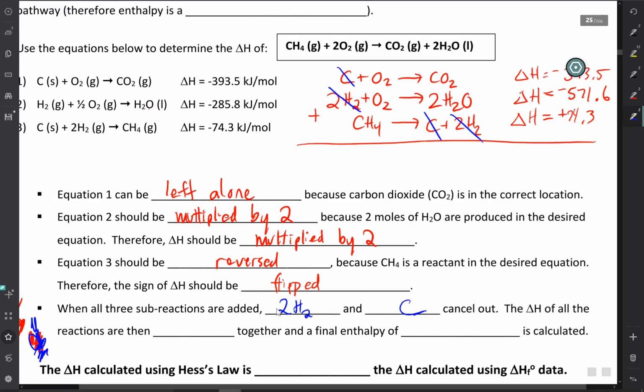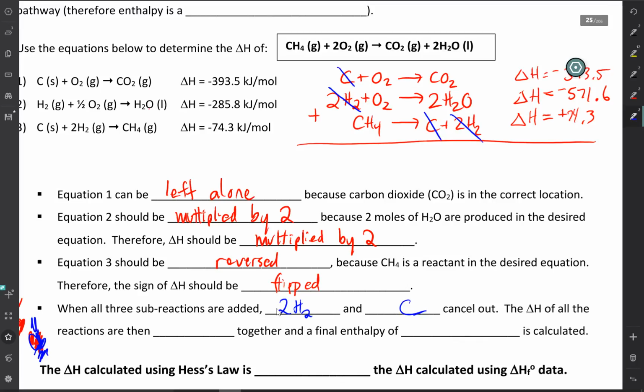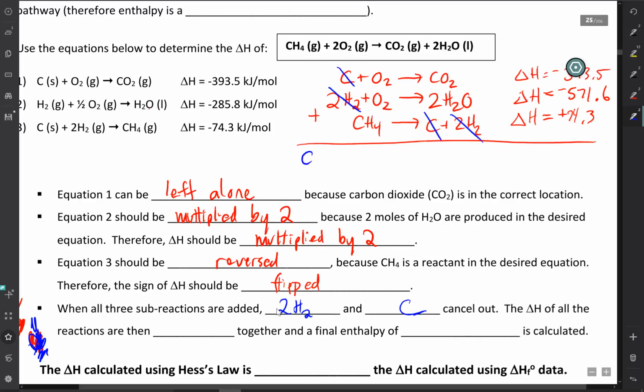And we're going to add everything else together. So I've got CH4 plus O2 plus O2. So let's make that 2O2 makes CO2 plus 2H2O. So I've added my equations together.